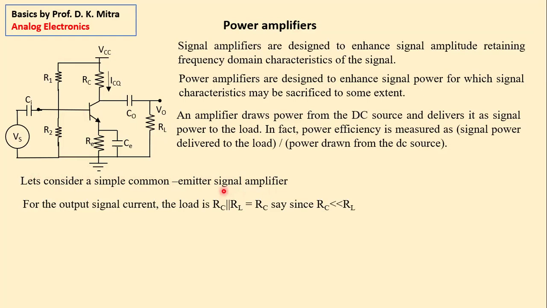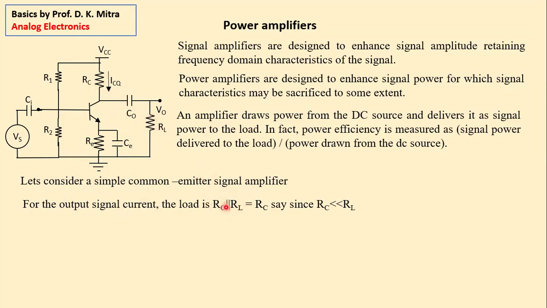So it is always easy to start from here. So let us consider a simple common emitter signal amplifier. Then, for the output signal current, the current goes to the parallel path, this RC and RL. For the output signal current, the load impedance is RC and RL in parallel. And in most cases, RL is much higher than RC.